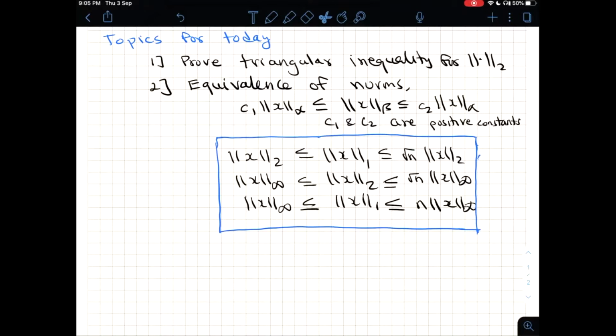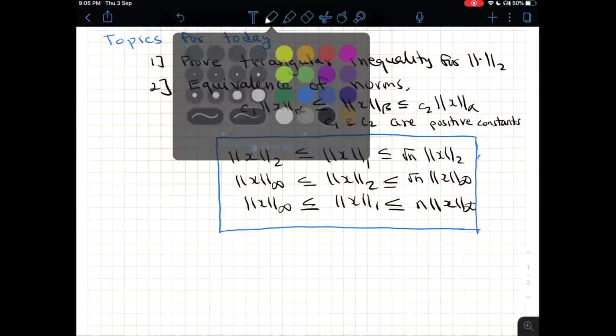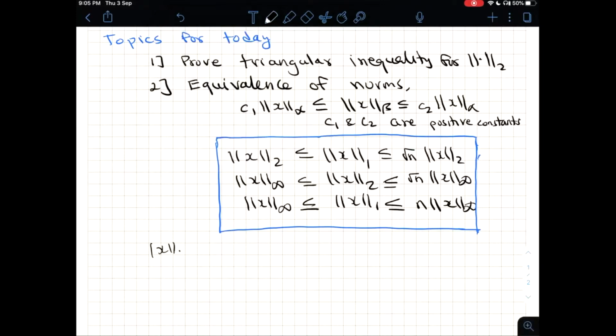So for example, here I have specifically listed what happens. Take the one norm, and do you recall what the one norm was? The one norm is the absolute value of x1 plus the absolute value of x2 up to the absolute value of xn. This is the first norm of any vector. When you compare it with the second norm, let's say it's a 100-dimensional vector, so you are looking at R100.